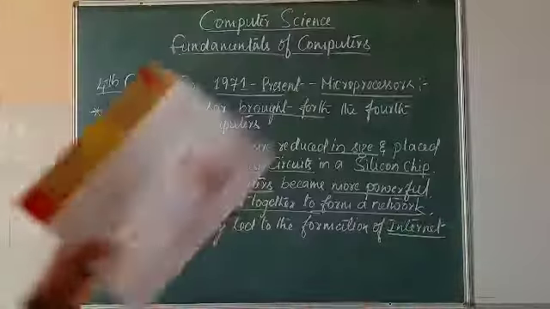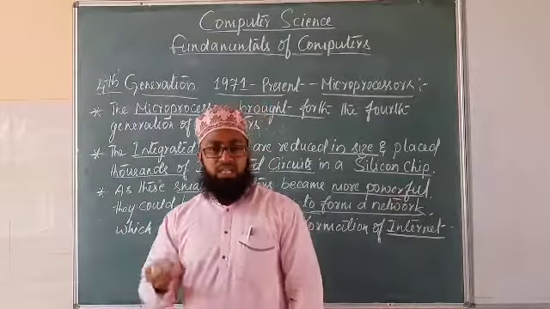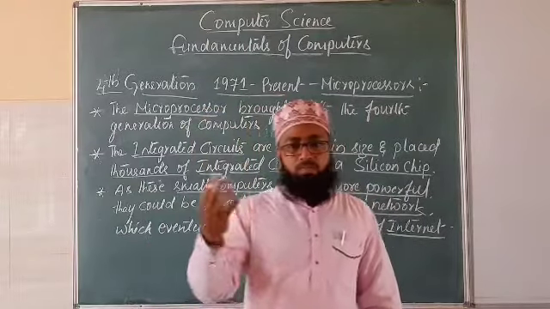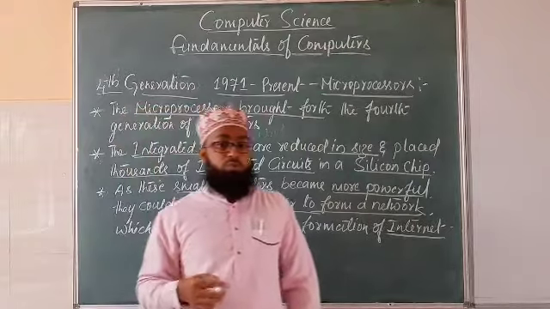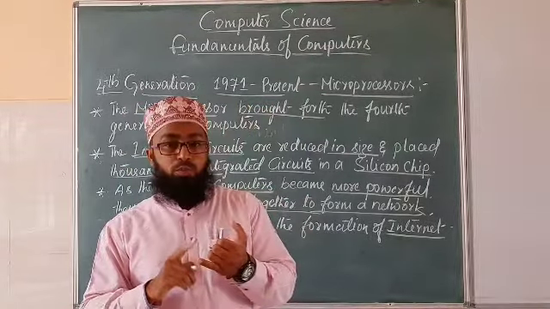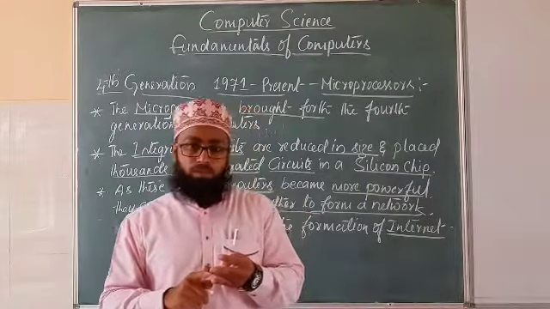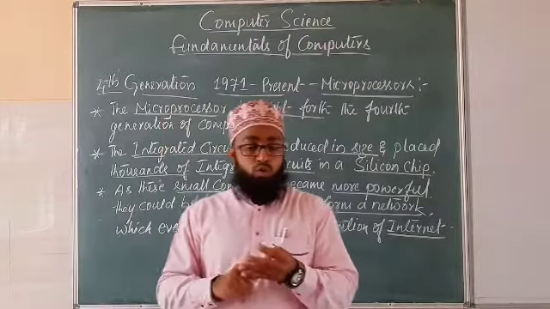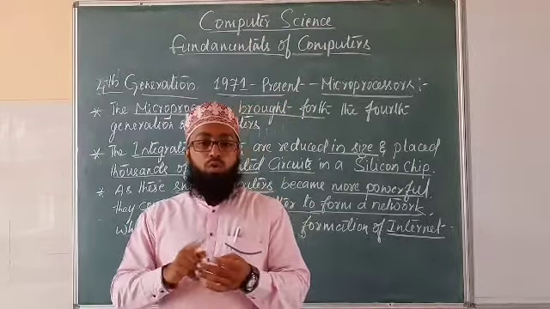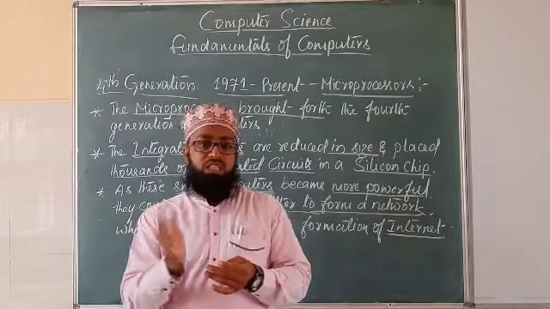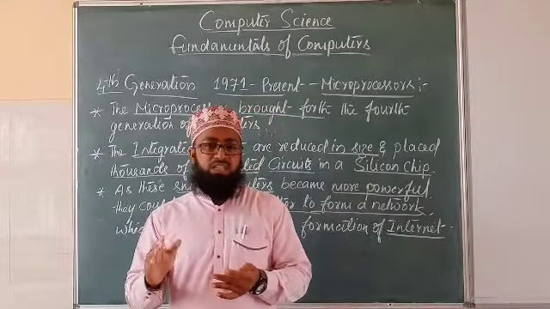Microprocessors have different names and companies are different: Intel, AMD, IBM, and many more. Microprocessors have developed from Pentium 1, Pentium 2, Pentium 3, Pentium 4, then dual core, then Core 2 Duo, then quad core, then Core i3, where generations are different, then Core i5, where generations are different.